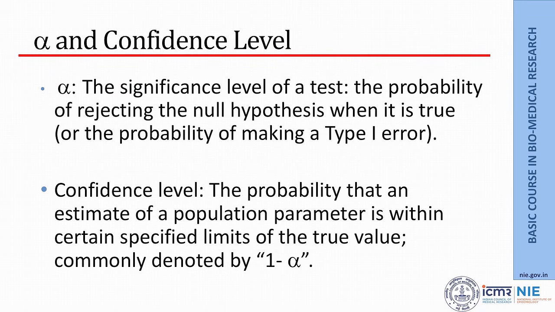It is the probability of rejecting the null hypothesis when actually it is true. In statistical parlance, it is called type 1 error, and the confidence level is the complement of that, 1 minus alpha, and that is naturally the probability that an estimate of a population parameter is within certain specified limits of the true value.